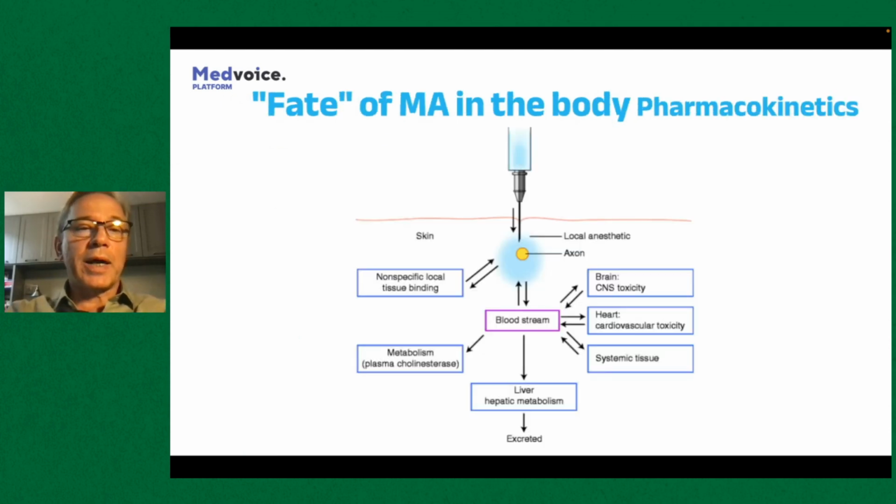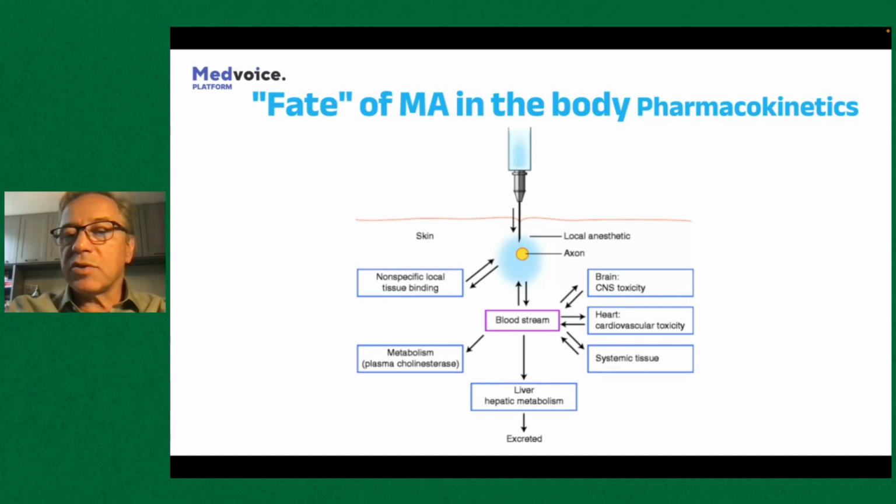Okay, let's talk about what happens to local anesthetic when we inject it into the body, around the axon of the nerve, for example. There will be non-specific local tissue binding. Then the local anesthetic will be absorbed into the bloodstream, and depending on the metabolism, it will either be metabolized by plasma cholinesterases, or it will go by portal circulation into the liver, and the liver will metabolize it using the normal P450 cytochromes, and then it will be excreted by the kidneys.